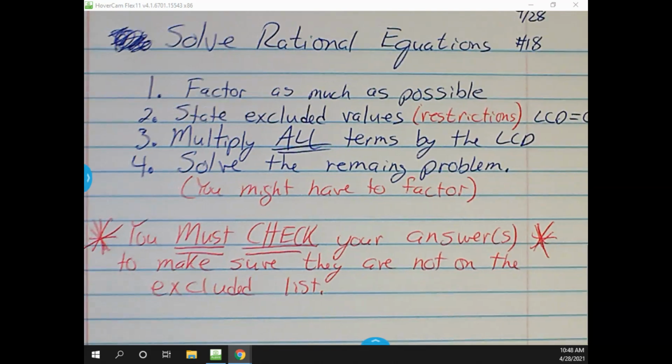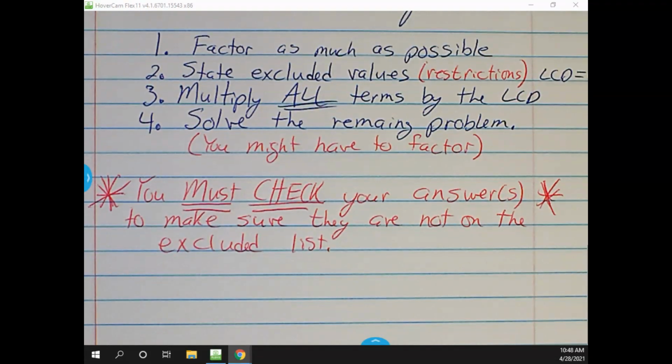You're not having to go back and check it like you did way back when, where you'd take the number and plug it back in the equation and solve it and work it out. No, no, no. This one, I've got my answers and I'll look and see if it's on the list. So basically there's a list that says, if these answers show up, you kick them out. They don't work. That's really what it comes down to.